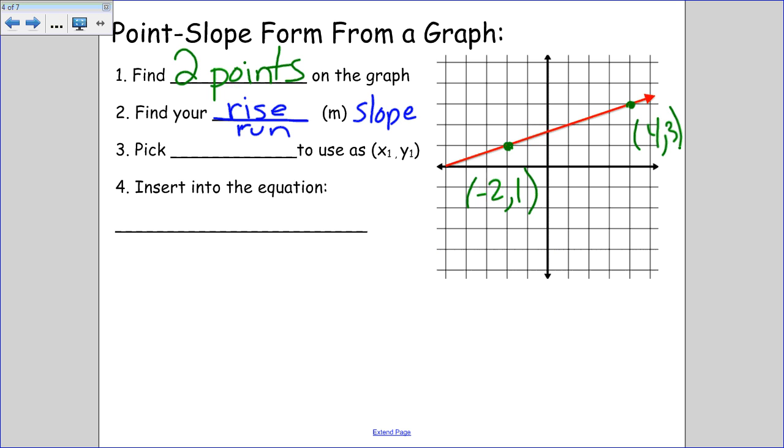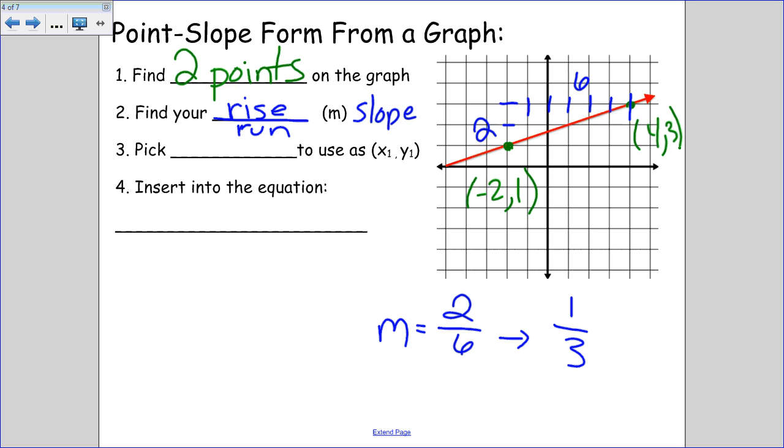So can I find the rise over the run? Sure. From here I need to rise up 1, 2, and I need to run 1, 2, 3, 4, 5, 6. Okay? So on this graph I have a rise over a run of 2/6, or I could say 1/3. That would be my m, or my slope.